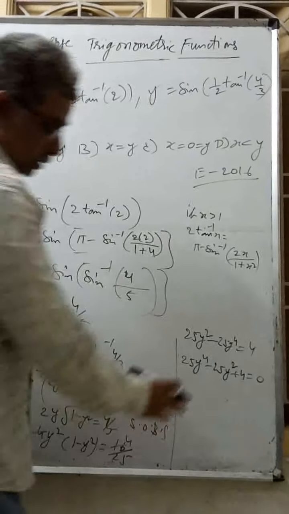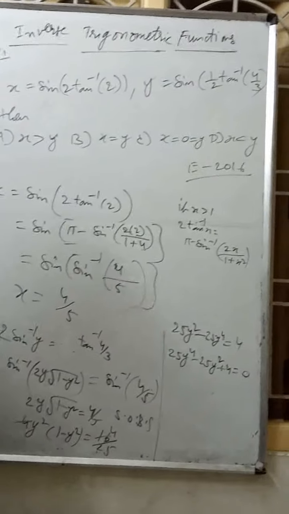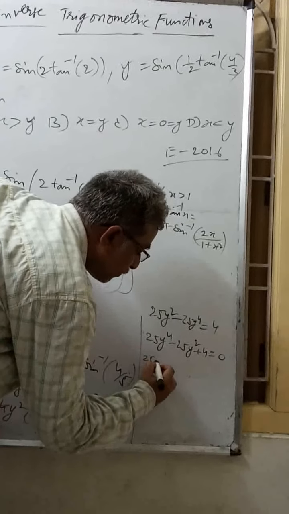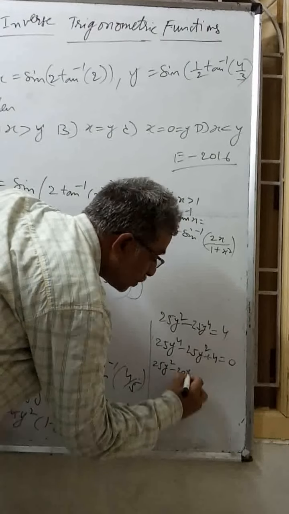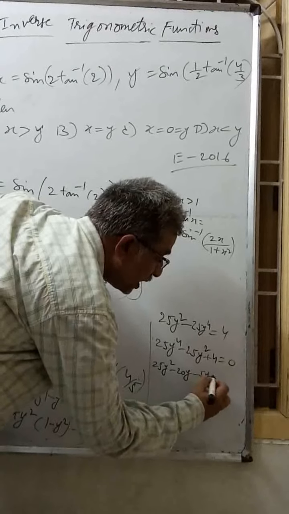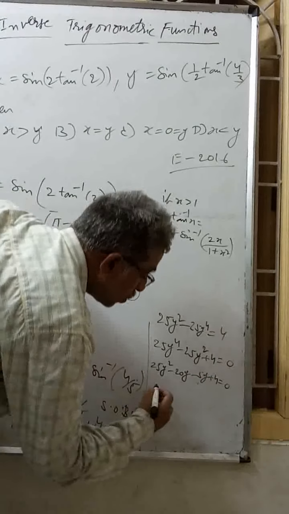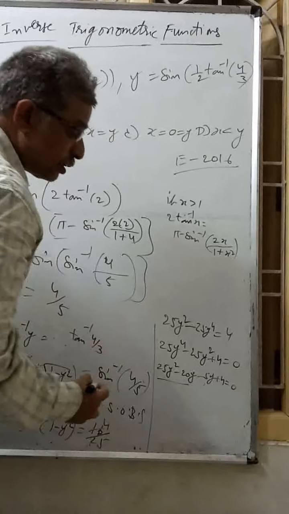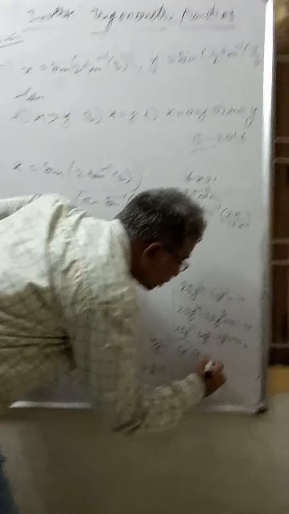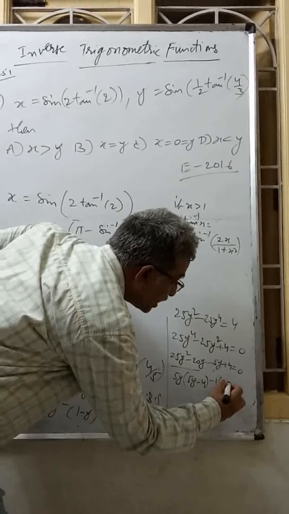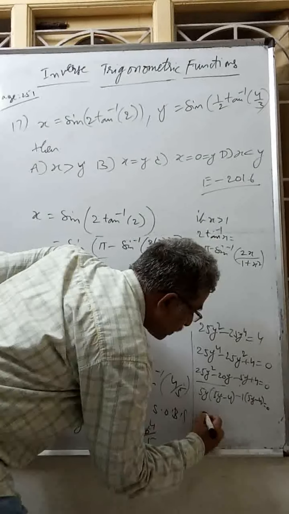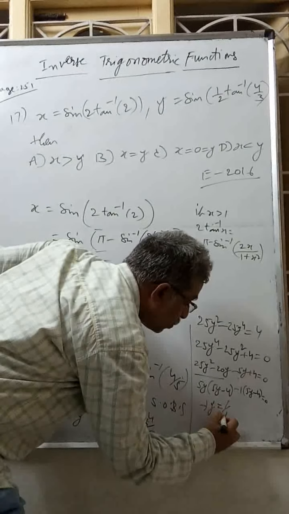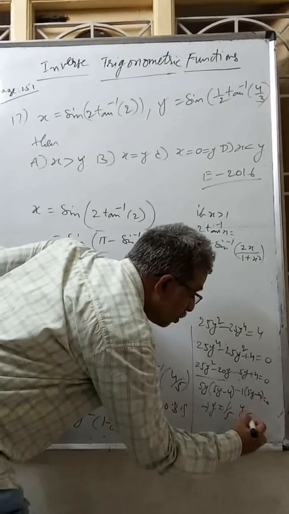So 100 factors, so that I need to get 25, 25 is there. So this is 25y square minus 20y minus 5y plus 4 equal to 0. If I take 5y common here, becomes 5y into 5y minus 4, and minus 1 common, 5y minus 4 equal to 0, implies y equal to 1 by 5 or y equal to 4 by 5.